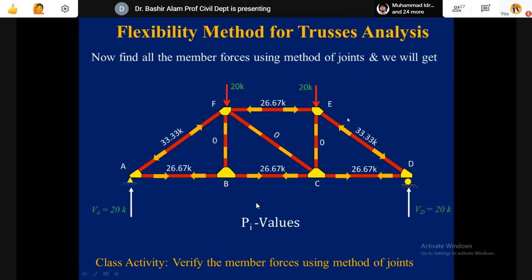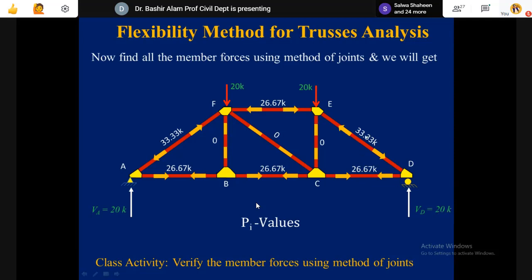The top one now will be balancing the horizontal component of this 33.33. So here 26.67 by this bottom mechanism you can already find out. The vertical, which was 20 here, is the support reaction.